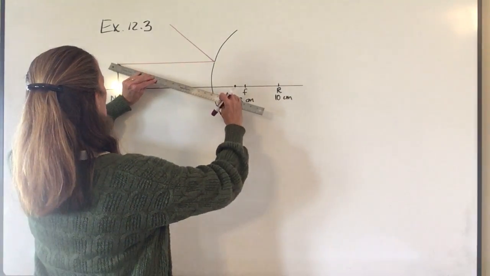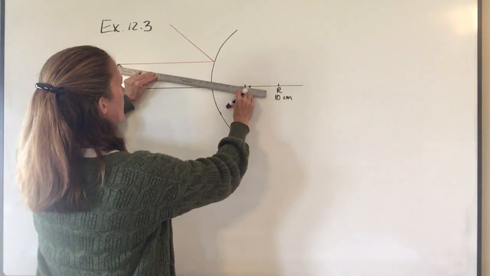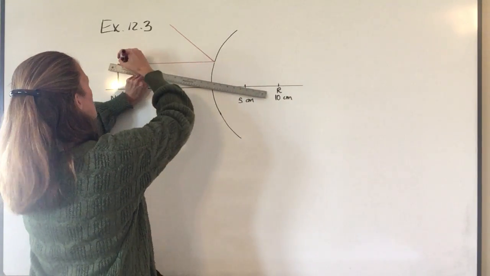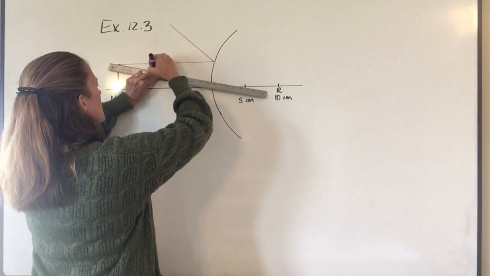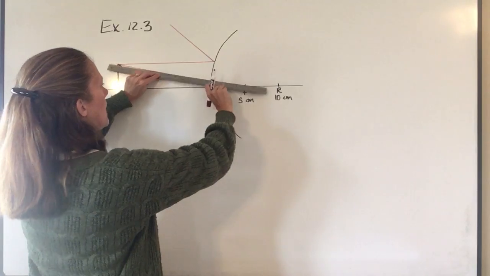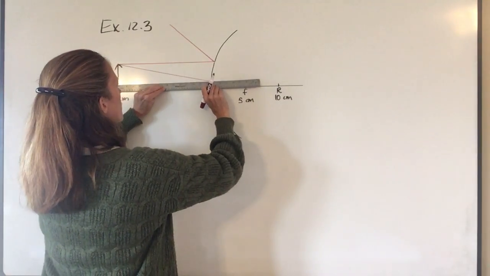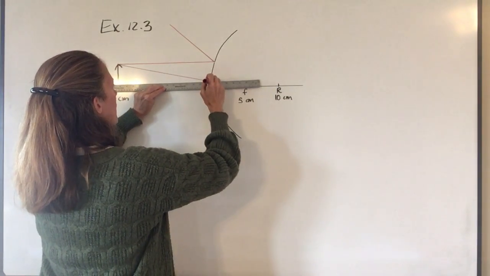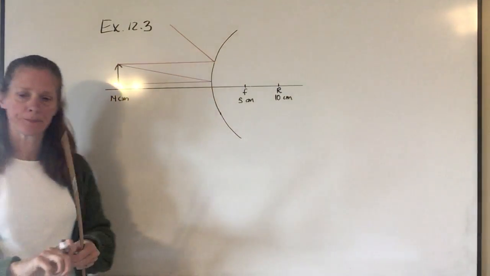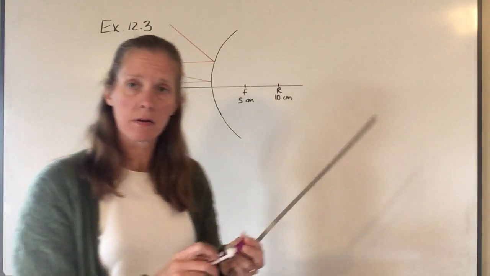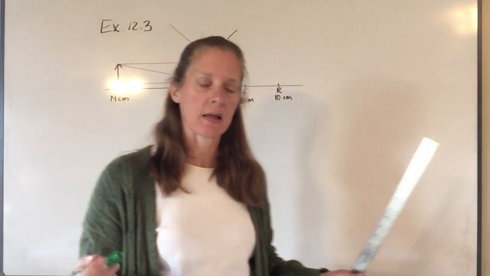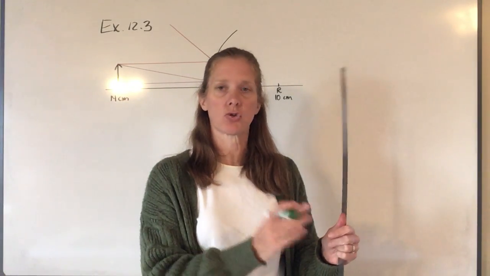So if I connect the top with the focal point like this, then the incoming light ray comes down like this as if it were traveling towards the focal point, and then it's going to reflect off parallel, that direction.